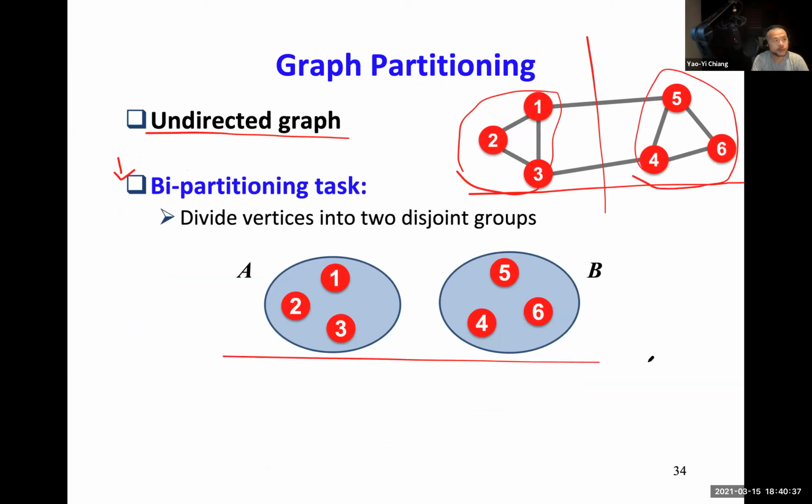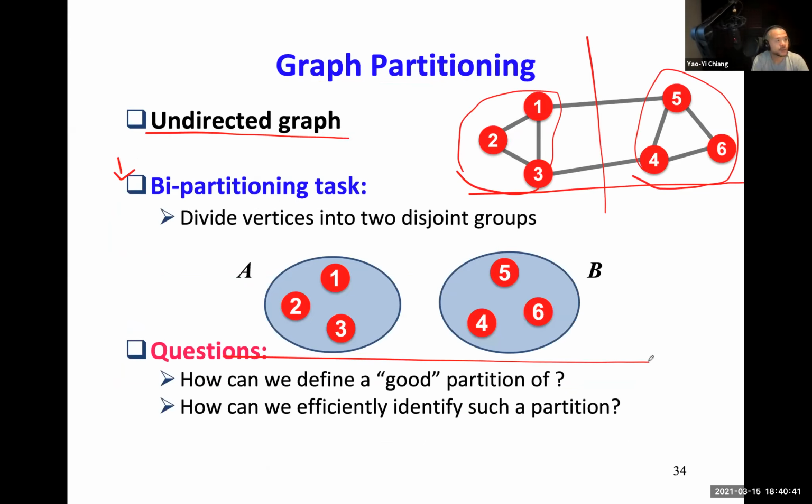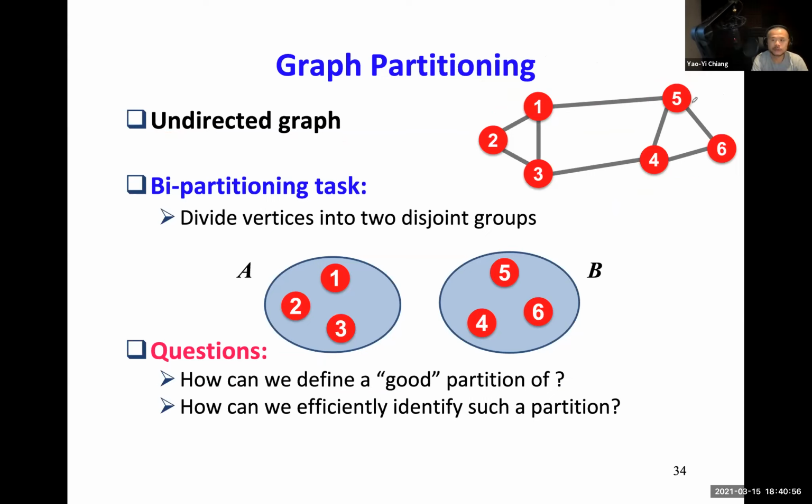Right, so you can have community A and community B. So two questions we want to answer. The first question is, how can we define a good partition? What does it mean, a good partition? Remember, a partition is a cut. So for example, I can also cut here, right?